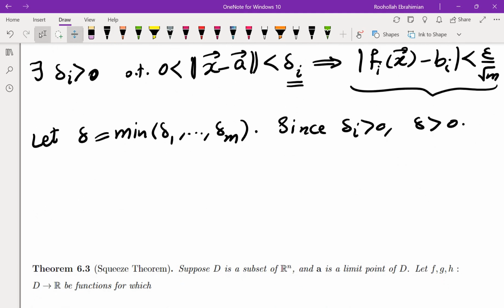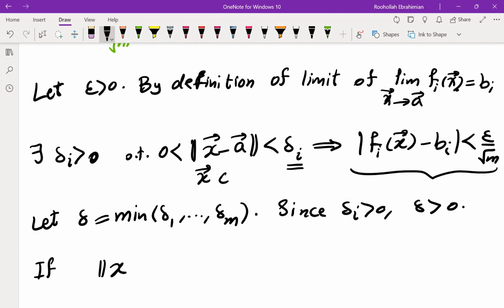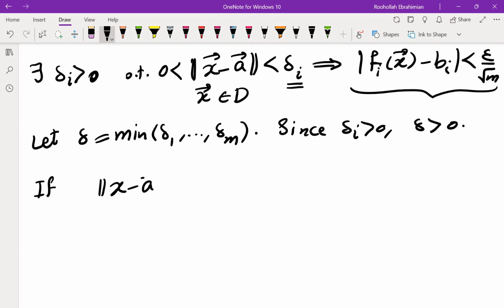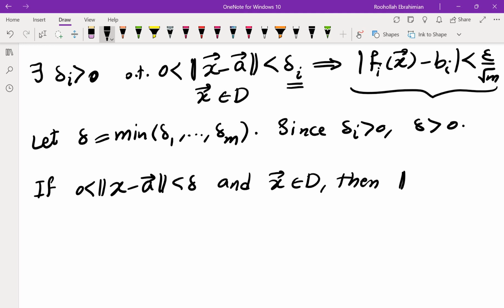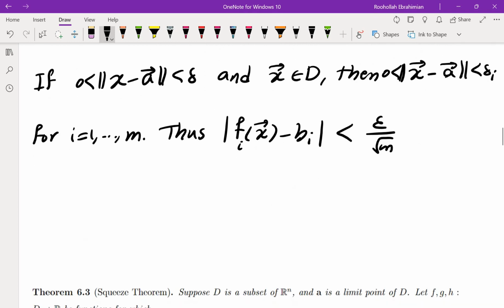Now if x, and of course x is in D, x is in the domain, if x minus a is less than delta and greater than 0 and x is in D, then x minus a would be less than delta i and more than 0 for i equals 1 through m. So that means the absolute value of fi of x minus bi is in fact less than epsilon over root m. And this is again true for all i equals 1 through m.